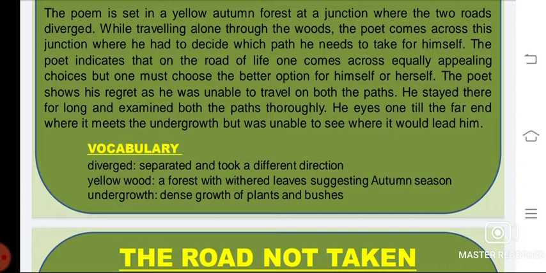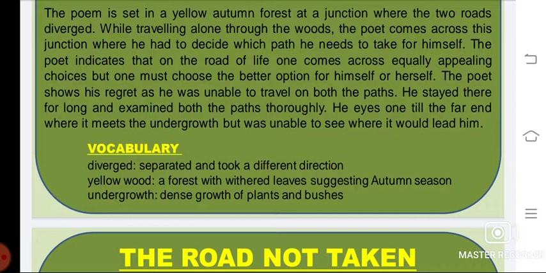The poet indicates that on the road of life, one comes across equally appealing choices, but not everyone chooses the better option for himself or herself. The poet shows his regret as he was unable to travel on both paths. He stays there for long and examines both paths carefully.